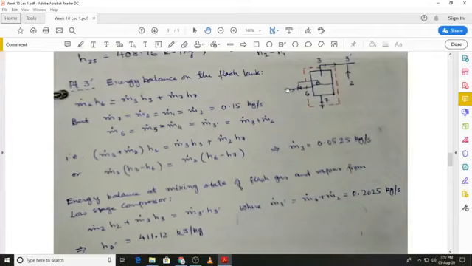So we have energy coming in at state 6, we can see energy leaving at state 7, and again we have energy leaving at state 3. So the simple energy balance will be m dot 6 h6 is equal to m dot 7 h7 plus m dot 3 h3.